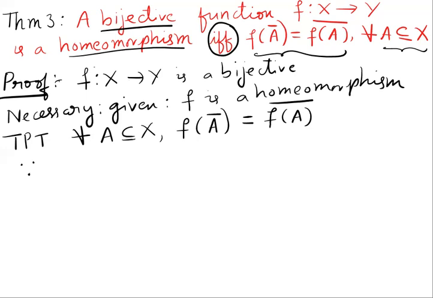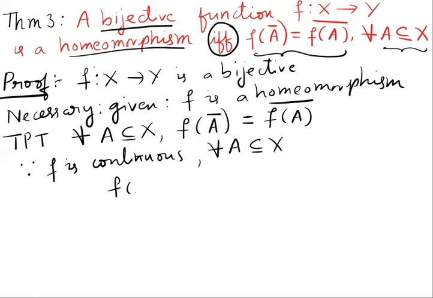So, since f is continuous, we know that for all subsets A of X, f of A bar, remember this relation, is contained in f of A whole bar. Whenever f is continuous, we have this. We'll call this equation 1.